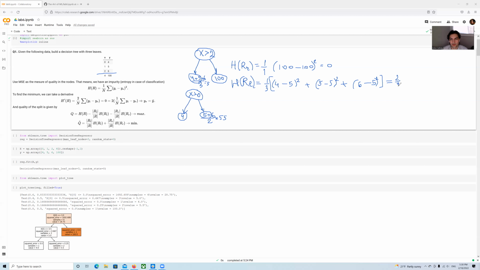And the quality actually has this form, but because the first term doesn't depend on the splitting, we can just minimize these two negative terms. So I'm using Q tilde, which we can call cost instead of quality, and minimize it.